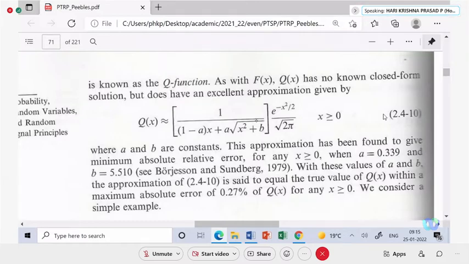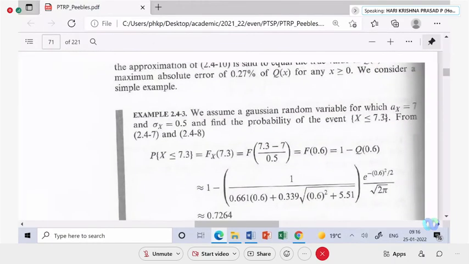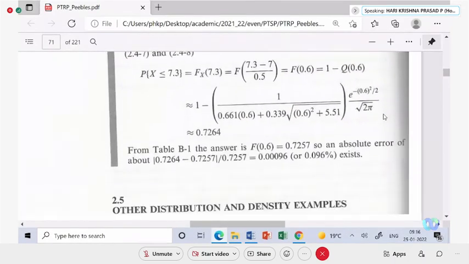What are the terms in the denominator of this ratio? 1 minus a times x, a times square root of x square plus b. So a and b are to be defined, and x is an independent variable, right? It keeps taking values. This is another expression example.